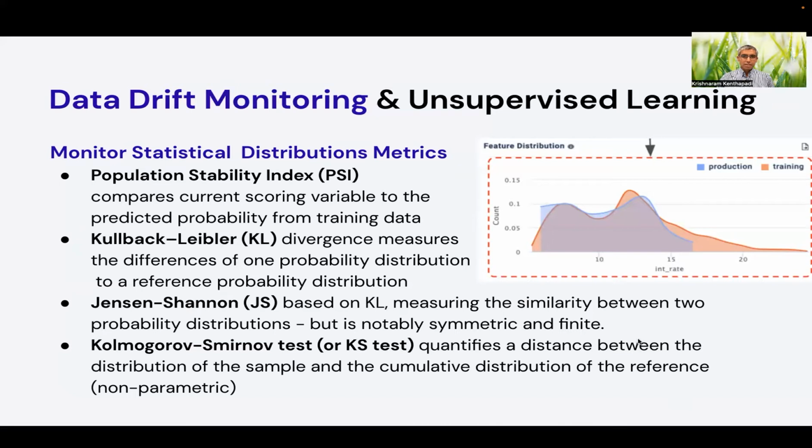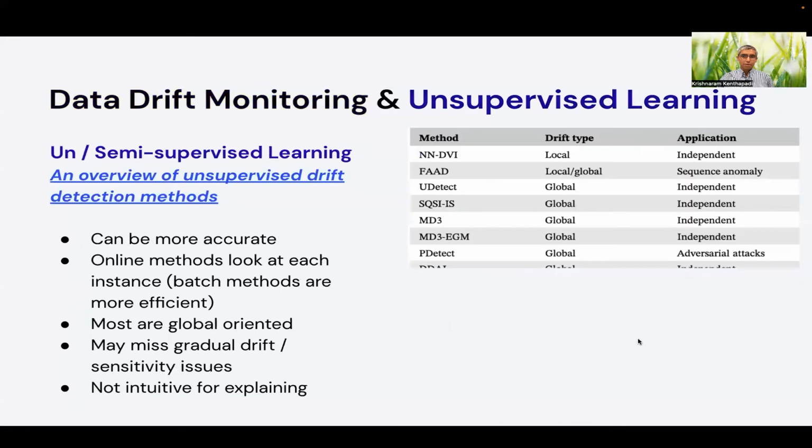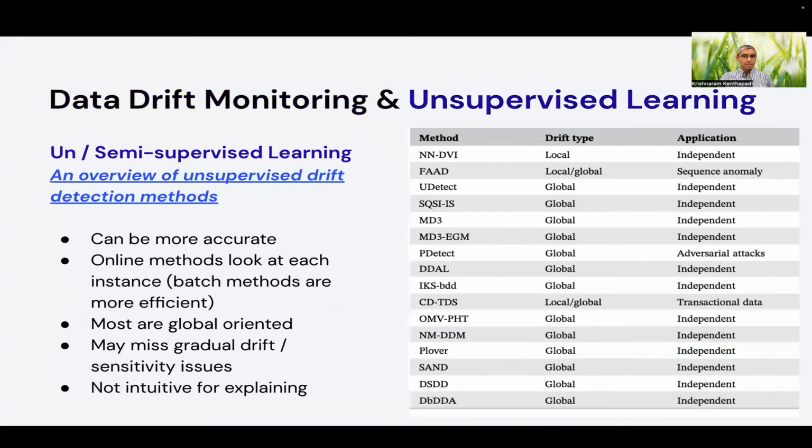Next, let's consider the setting where we may have unsupervised learning settings. Once again, I would not be going into the details, but I refer you to this article which provides an overview of unsupervised drift detection methods. There are different types of trade-offs of this class of methods.